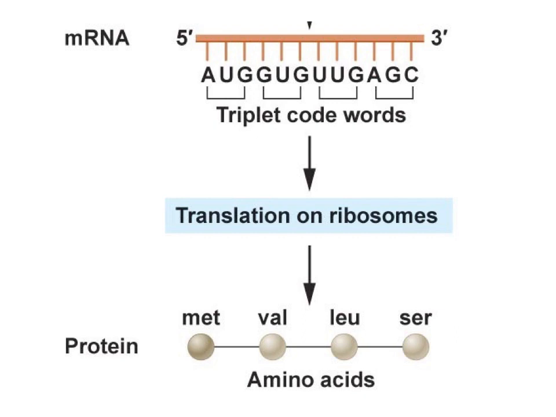I want you to think of that codon chart in figure 12.7 of your text as basically the secret decoder for messenger RNA. And in translating these 4 codons, it would code for these 4 amino acids in this particular order: MET, VAL, LEU, and SER, okay?